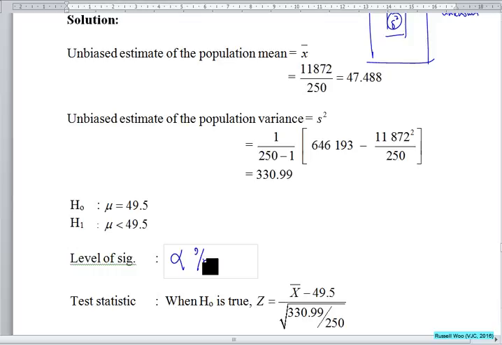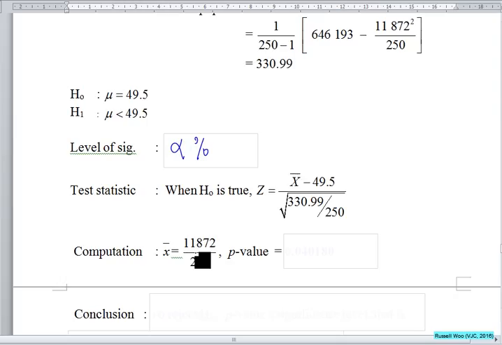Now the difference between example 8 and the previous examples is that I cannot use GC anymore. Actually, I still can, because GC didn't ask for the level of significance. By GC, you can still find a p-value.